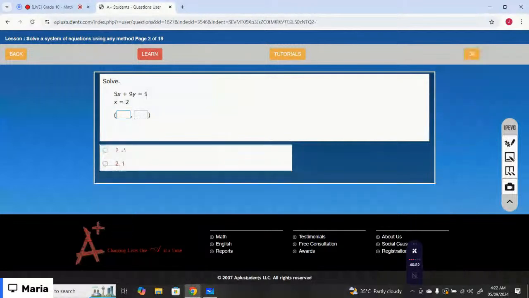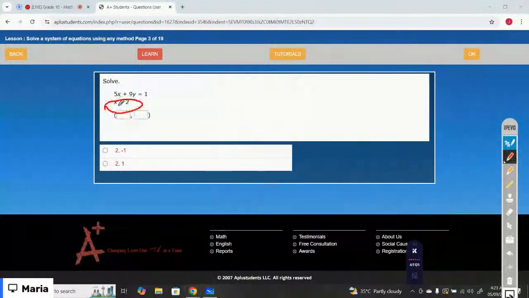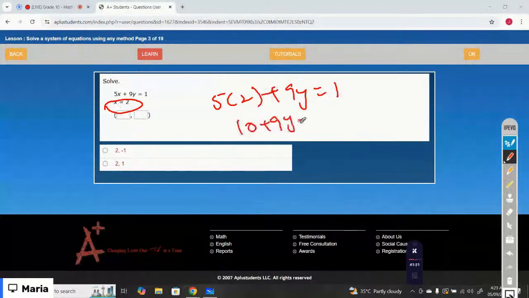The next one is 5x plus 9y equals 1. Now, in this case, you are given the value of one variable, x equals 2. The easiest method to use is the substitution method. Simply substitute x equals 2 in the first equation and you can have your solution. 5 times 2 is 10, plus 9y equals 1. 9y equals 1 minus 10, that is 9y equals negative 9 and y equals negative 1.